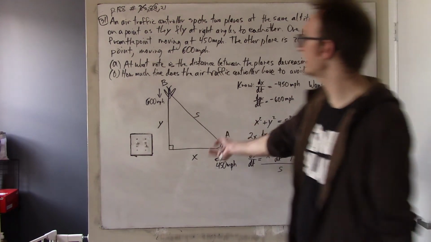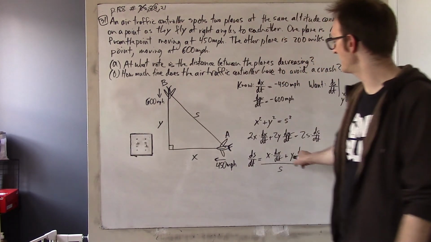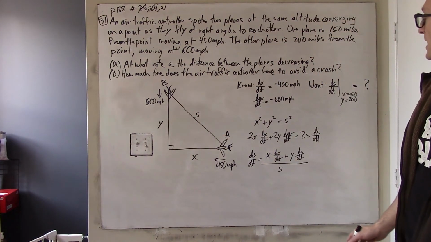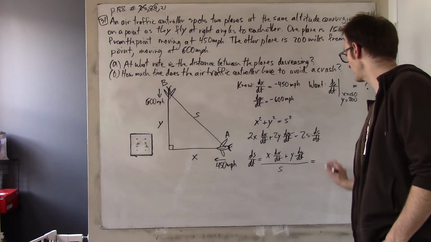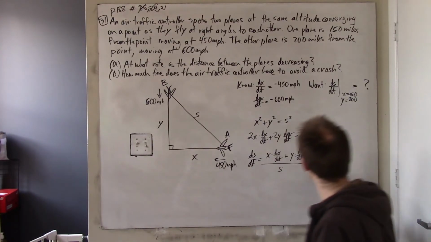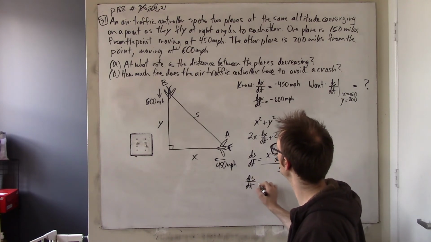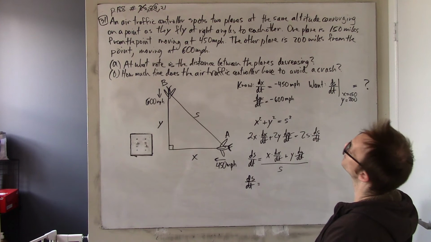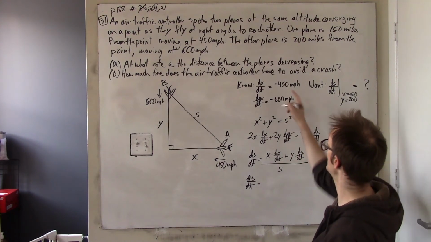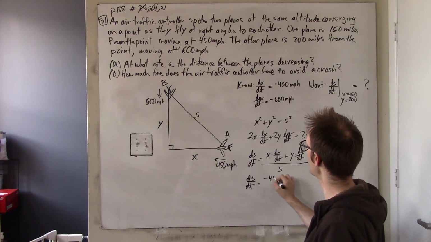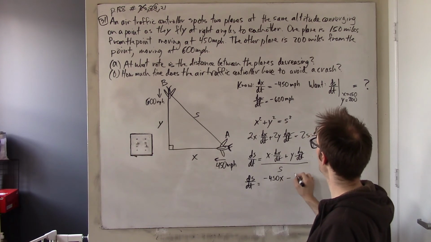Of course, there is a relationship between x, y, and s. So let's just keep going. Okay, and then I can substitute these in, right? So if that's my formula in general for any planes in this formation, let's add in the information given in this problem, which is that dx/dt is negative 450, so I get negative 450x minus 600y over s.